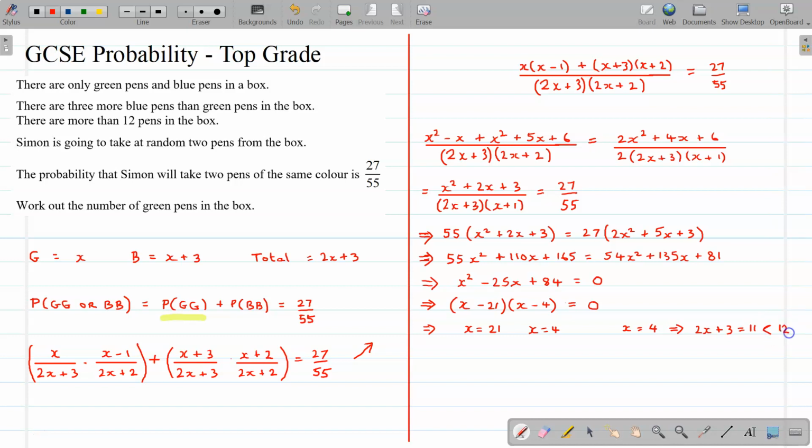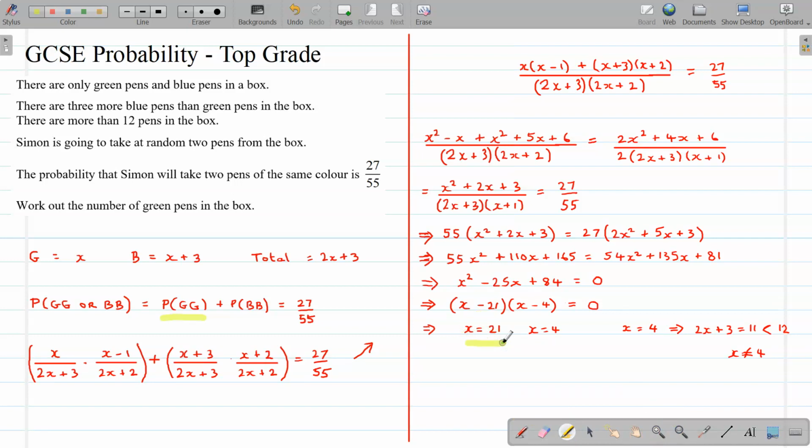And we're told that there are more than 12 pens in the box. So we know that x can't be 4. Therefore x does not equal 4. I'm just eliminating one of the solutions. Therefore, we can be confident that x equals 21 is the correct number.